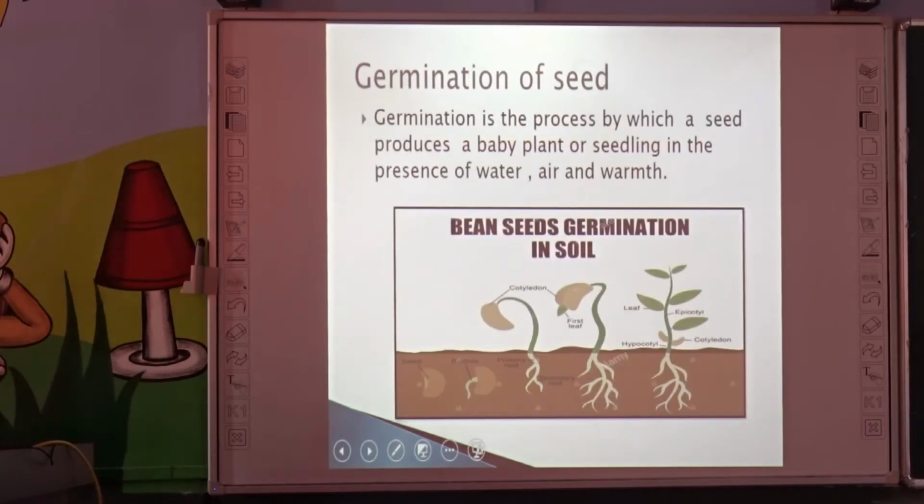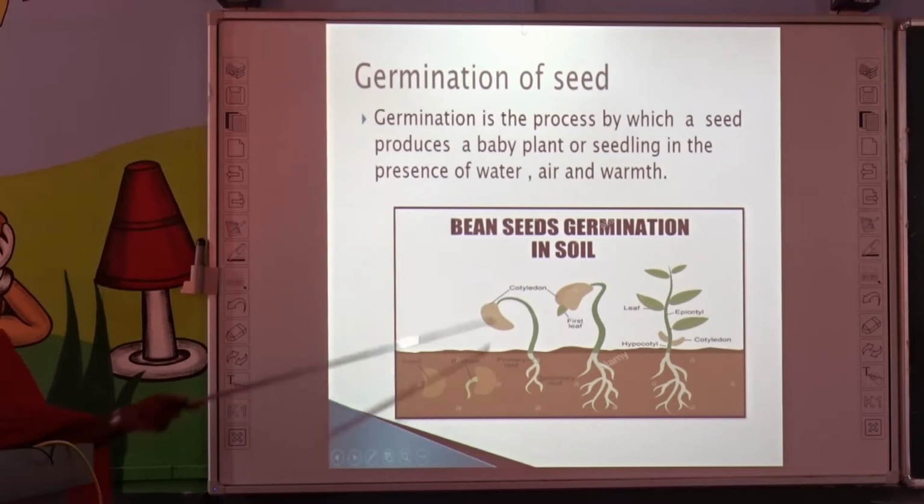Next is germination of seed. Germination is the process by which a seed produces a baby plant or seedling in the presence of water, air and warmth. See, bean seed germination in soil.